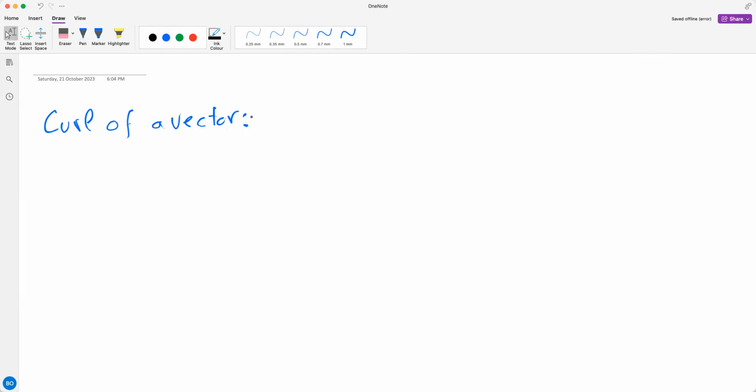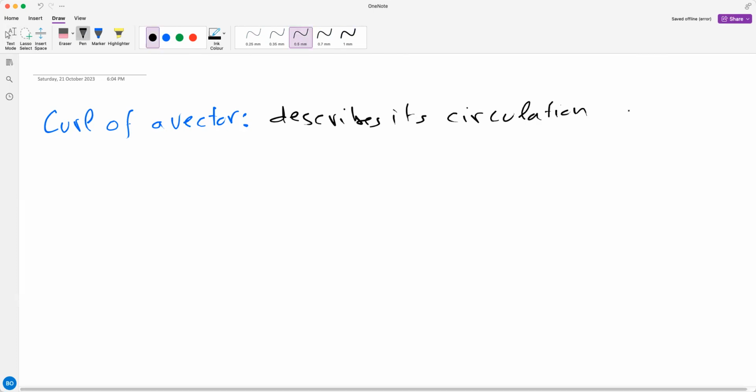That's why we are covering them. The curl of a vector describes its circulation, a kind of rotation around a closed contour.